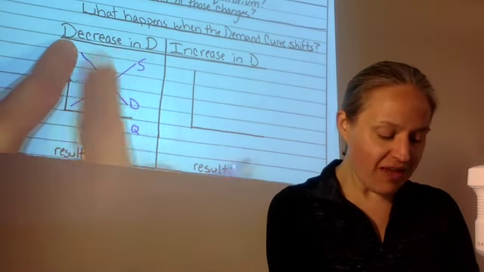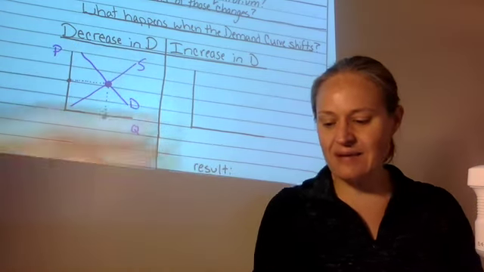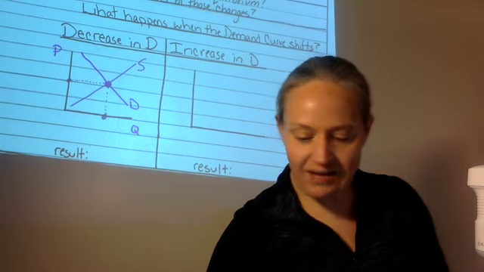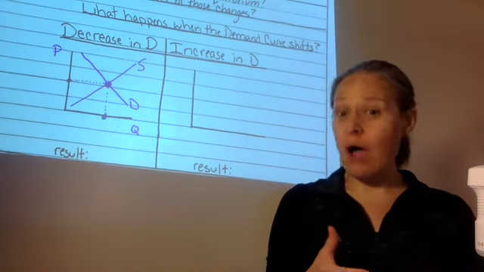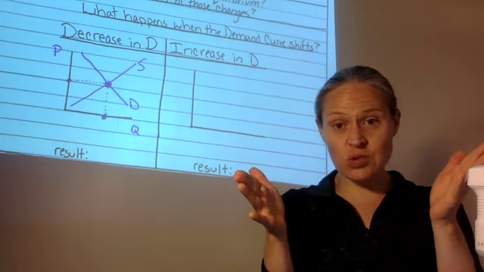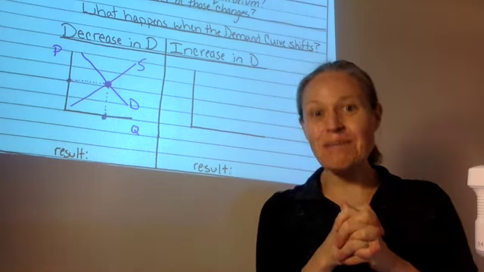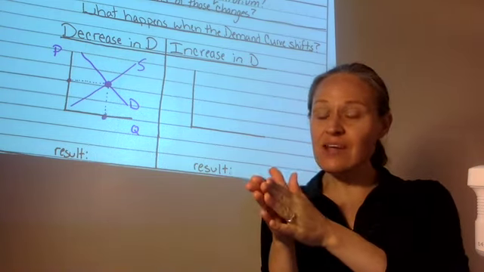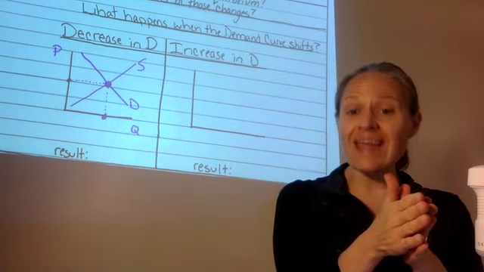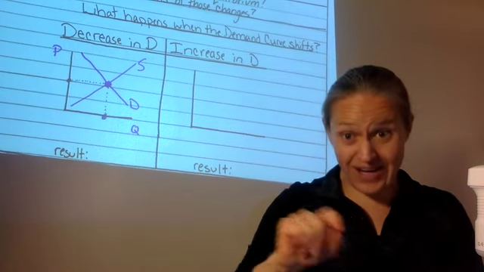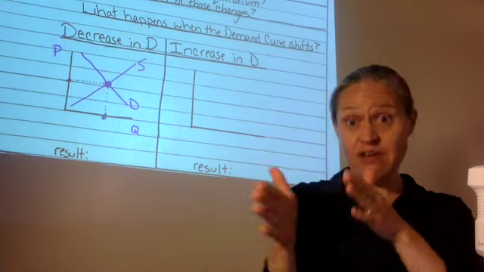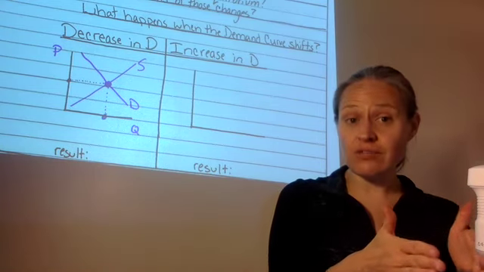Okay, so it says a decrease in demand. So that is saying that demand decreases. Now, remember from Module 5 what a decrease in demand looks like? A decrease is always a leftward shift. Some of you are writing that in your notes, right? That reminder: decrease is always a leftward shift.